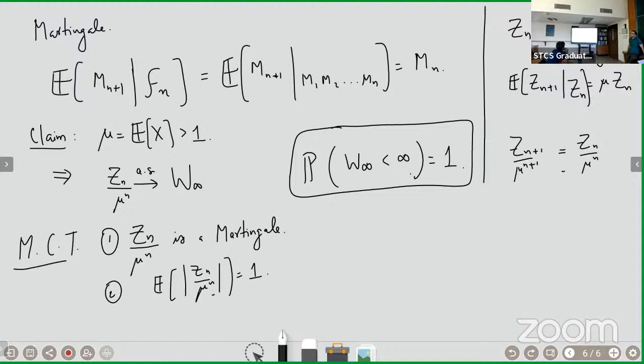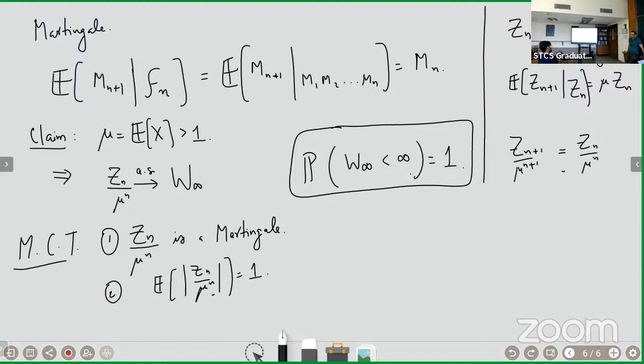It means with probability 1, Zn is of the order mu to the n. Usually, yes. It's very slippery to always invert the random variables.